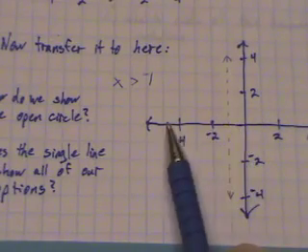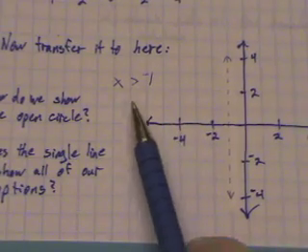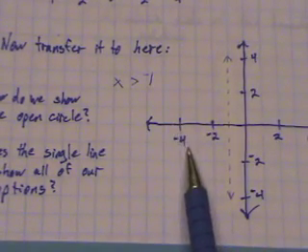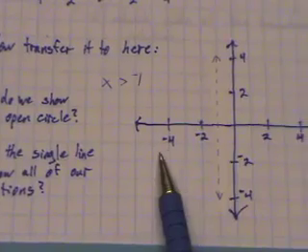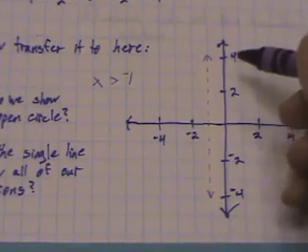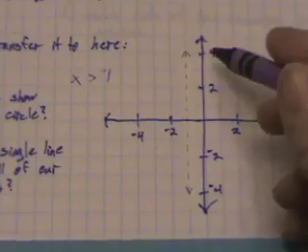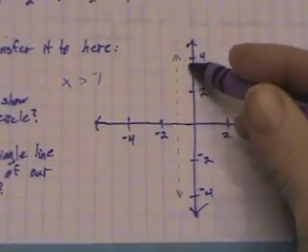What happens if we try something on this side of our dashed line? Does negative 4 work? Is negative 4 greater than negative 1? No, it isn't. So here's what we're going to do. It's very nice if you have a colored pencil. You can see I'm using a crayon, something other than the pencil that you've drawn the graph with.